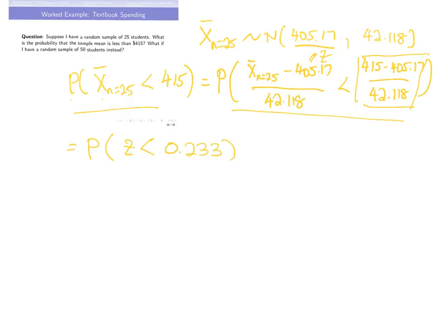So what's the probability that in a standard normal distribution, the value is less than 0.233? How do we visualize this? Well, the next thing you should do is sketch your standard normal distribution centered at 0, and your z-score over here is 0.233. So it's basically what's the probability of a standard normal that's less than 0.233.